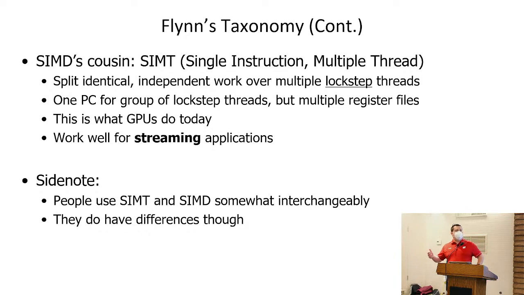In a GPU, instead of having one thread doing all that work, you have n threads that are each doing the single instruction for their corresponding piece of data. So just like SIMD, we have to fetch the instruction once. We'll do it at the same time in lockstep. But we now have multiple threads, each of which are accessing their own register file. And this is, although very subtle, the difference between what multi-core CPUs do with vectors and GPUs do with threads.